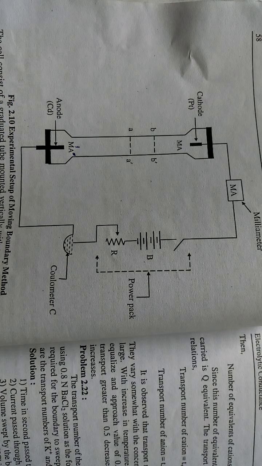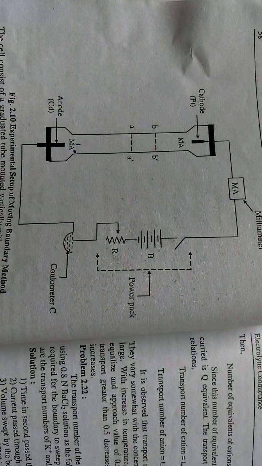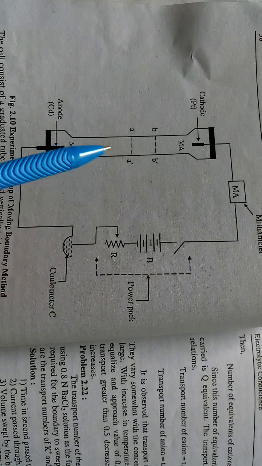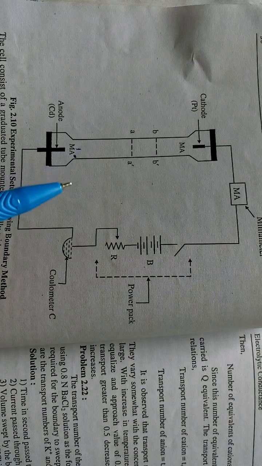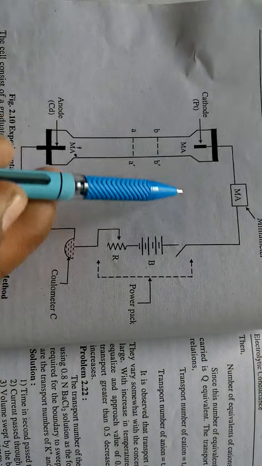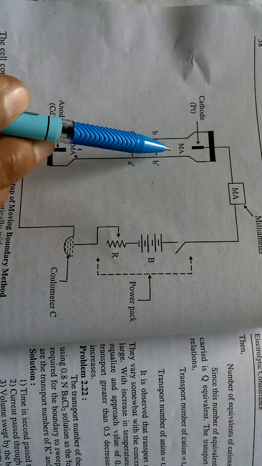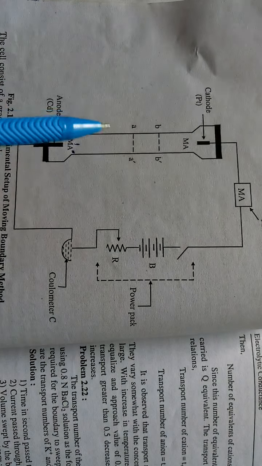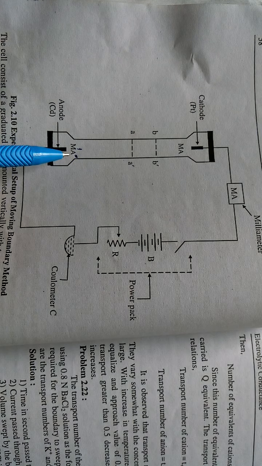In this particular cell we have to take particular solutions. In these cells we take two different electrolytic solutions. The first electrolytic solution is MA. The second electrolytic solution is M'A.